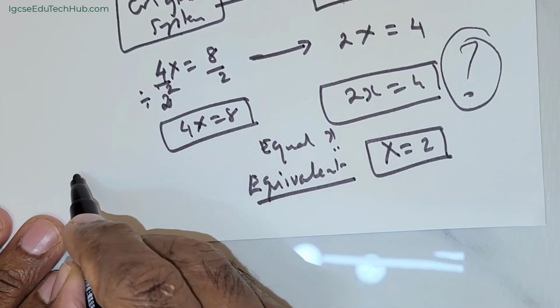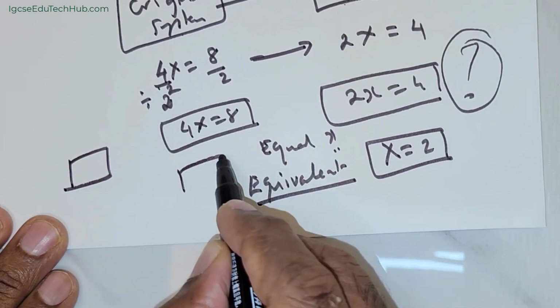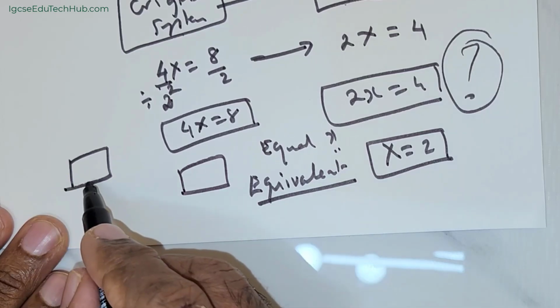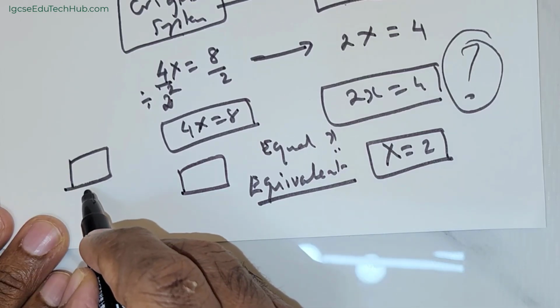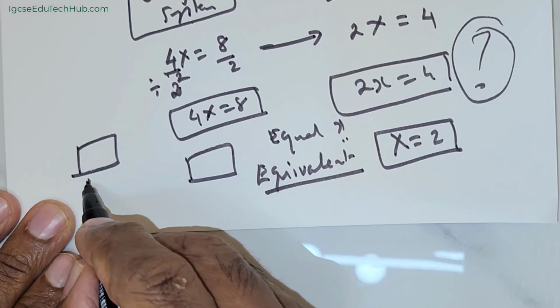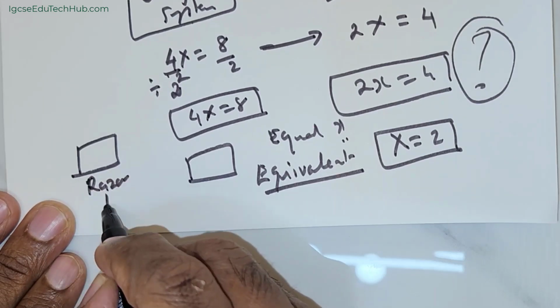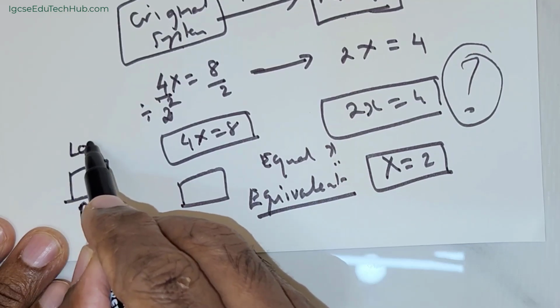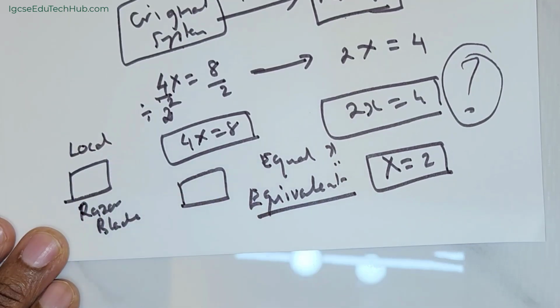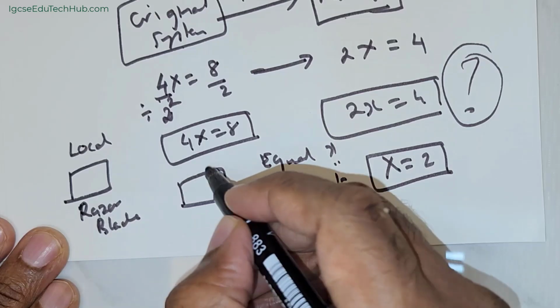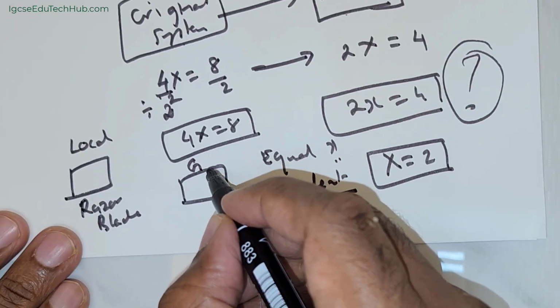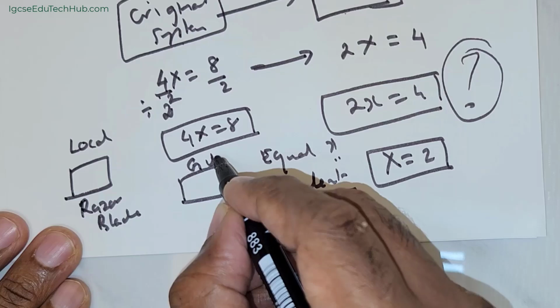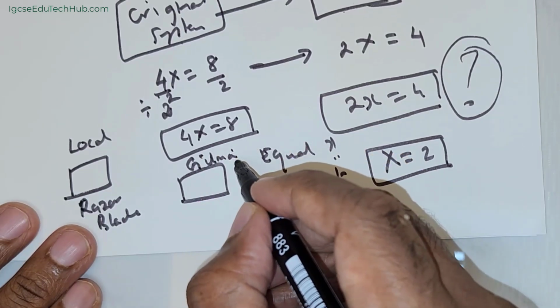Now take it like this. Say you have two stocks. This is, for example, conventional razor blades. A local company is manufacturing conventional razor blades, and there is another company, say Gilma, something like that.